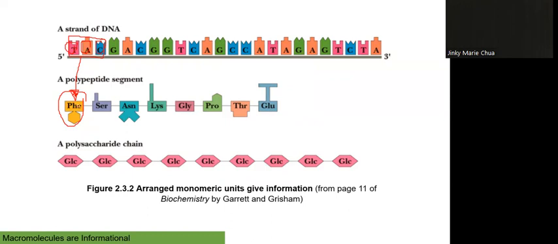So this is an example that macromolecules are informational. Similar to how letters can form words when arranged, the sequence of monomeric units has the potential to contain information.